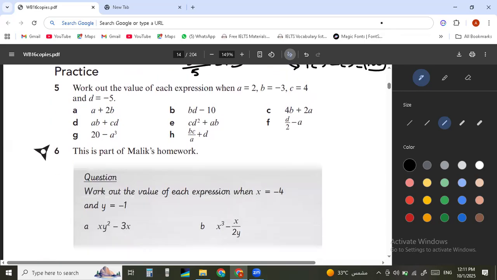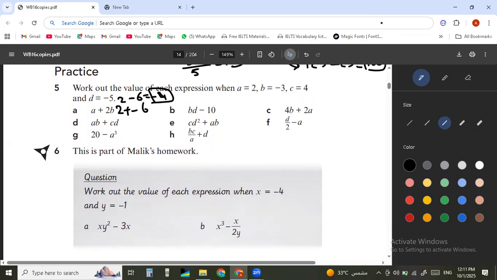A plus 2B. A is 2 plus 2B is negative 6. So 2 times negative 3 is negative 6. So 2 minus 6 is negative 4. We agreed positive negative turns into negative.